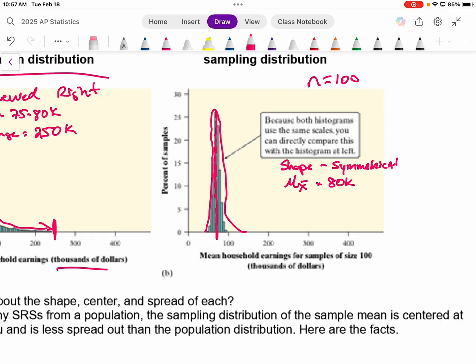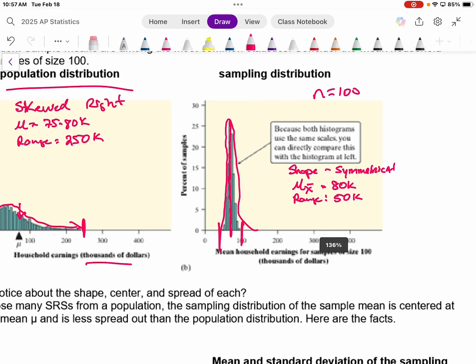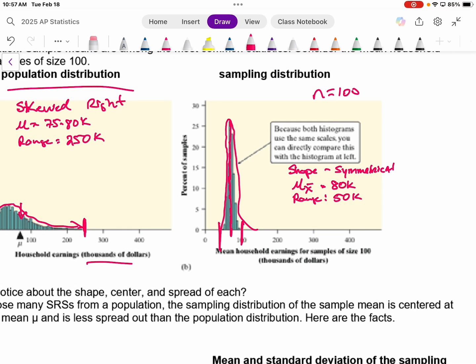And then what would we say that the range is? It looks like we're going from 50 to 100,000, so a range of 50,000. And again, what do we notice about the spread as we do the sample size for the sampling distribution? The spread decreases.